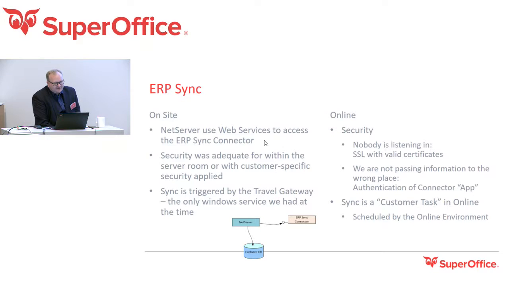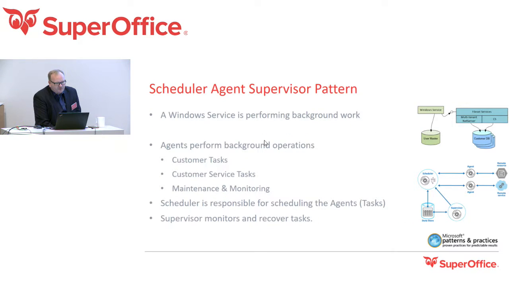So we have this stack of performing background work in online, based on another pattern from the patterns and practices group. It's called the Scheduler Agent Supervisor pattern. The goal is that you should be able to execute different kinds of tasks, typically with a Windows service doing it, and you want to separate the different roles.